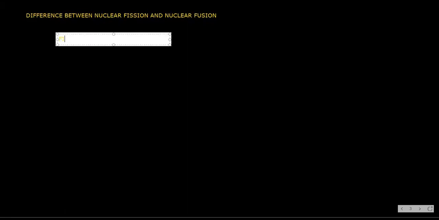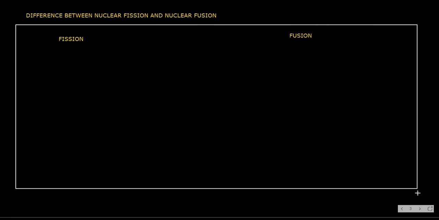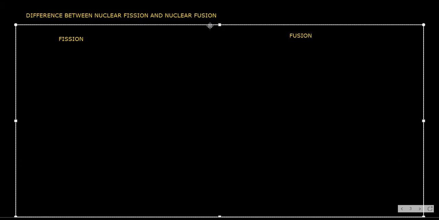So here I am writing fission, and here I will write fusion. We will make one column, a difference table. This is just for your understanding.